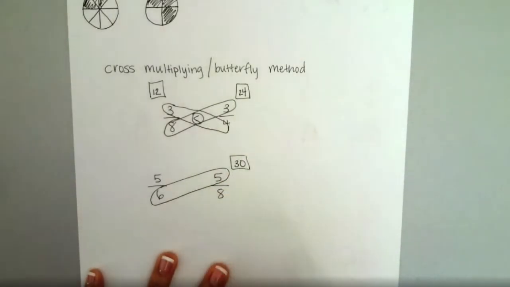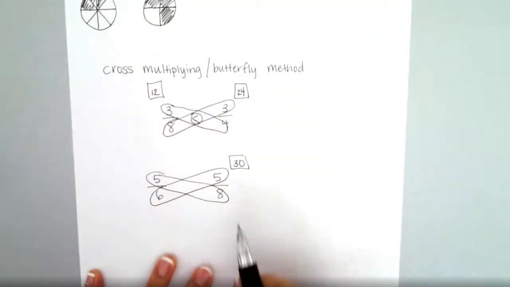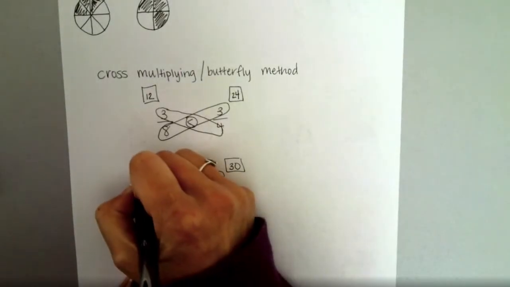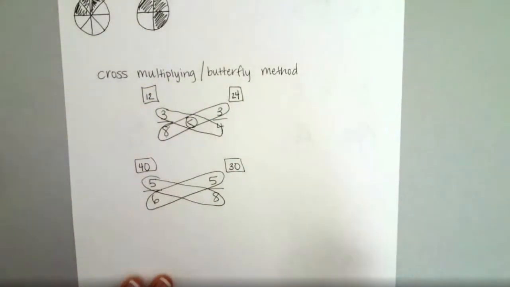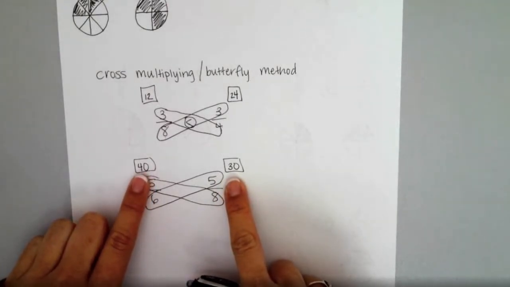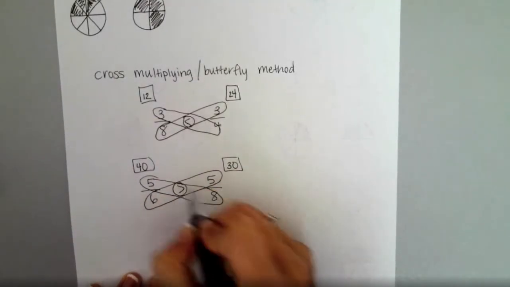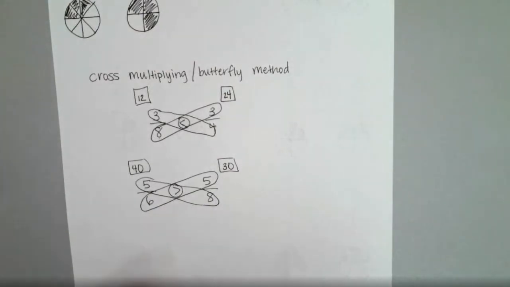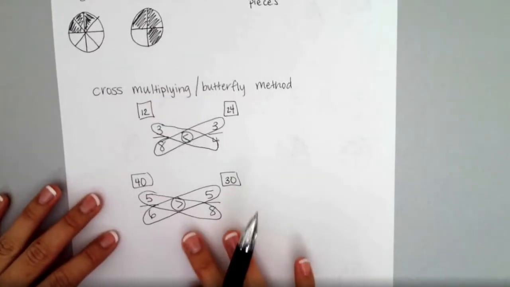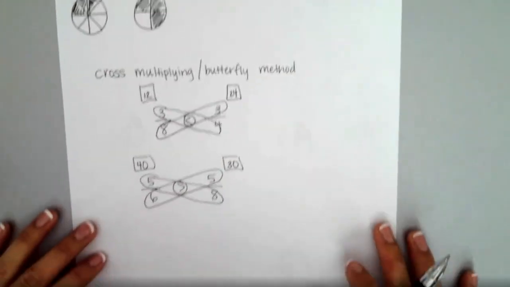I'm going to box it in, and I'm going to do 5 times 8 to cross-multiply, and I know that 5 times 8 is 40. Box that in. So now I can look at my products, and I can say, well, 40 is greater than 30. So 5/6 must be greater than 5/8. If you wanted, you could also still, again, draw these visuals. This is just a little trick to help us do these a little bit quicker if we needed to.